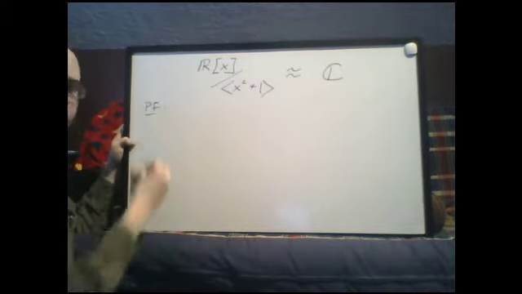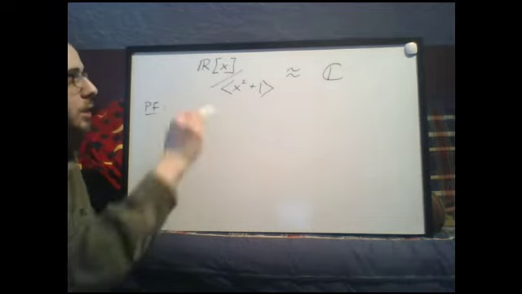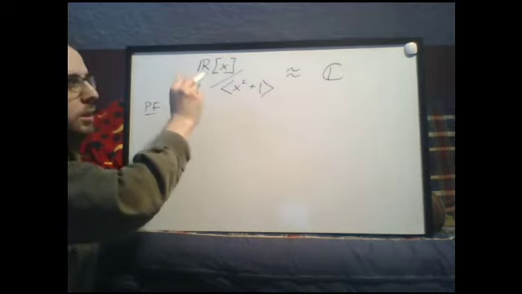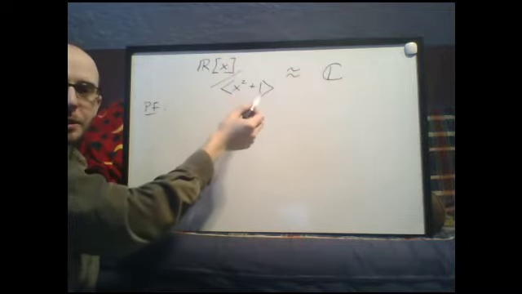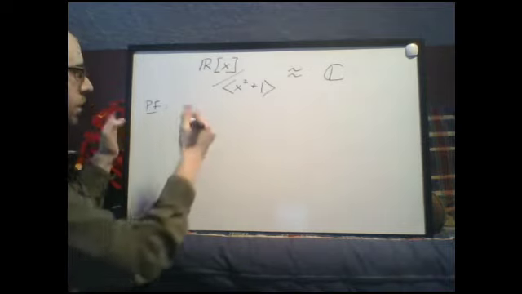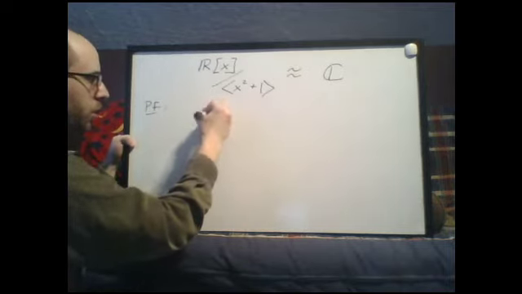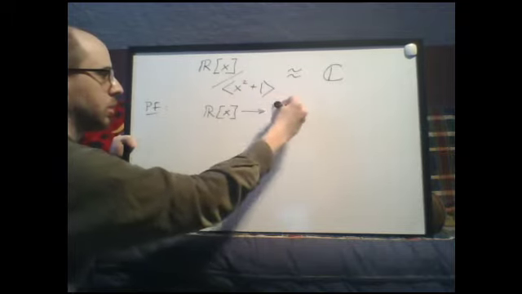I'm going to use the first isomorphism theorem. So that means I need to come up with a function from R[x] to the complex numbers that has this as its kernel. All right, so we want to go from R[x] to the complex numbers.